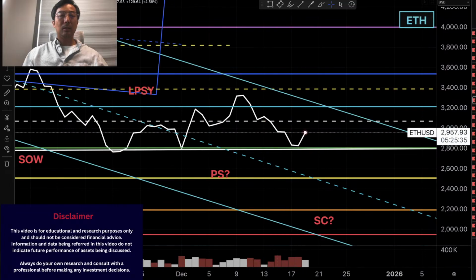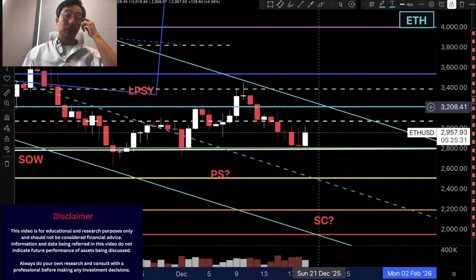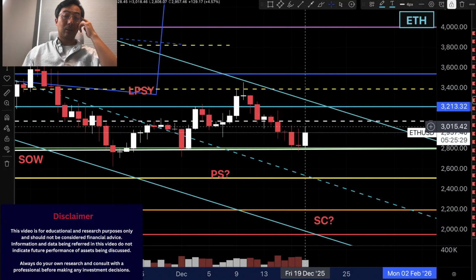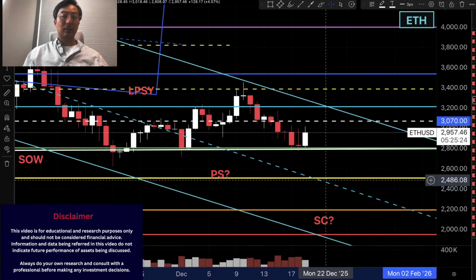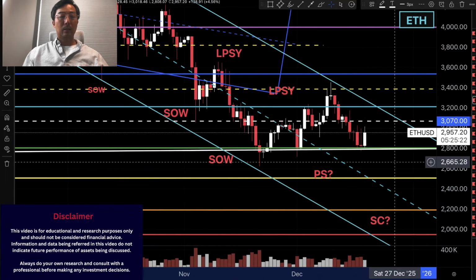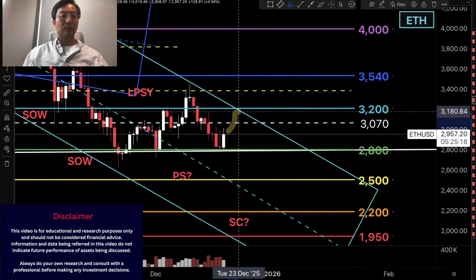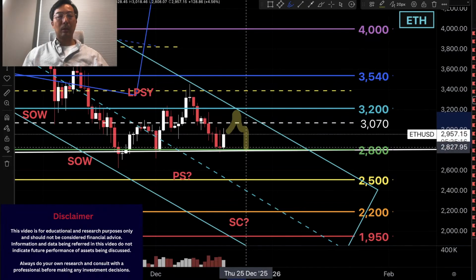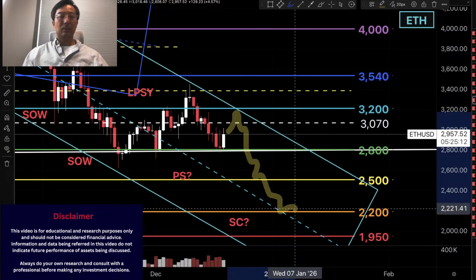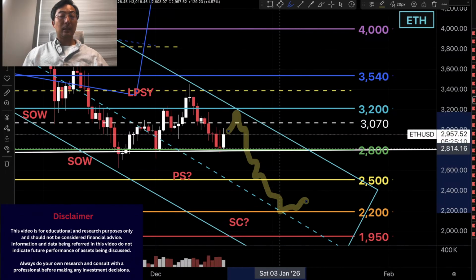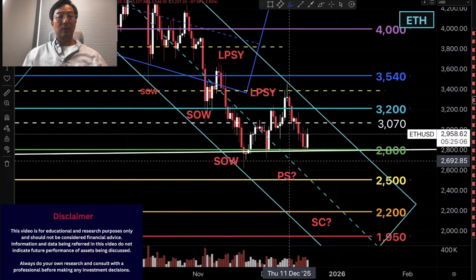It's probably going to come back to challenge the 3,200 level again, even though it's got a little bit of resistance from this white dashed line at around 3,000. So it comes back to challenge here, and then eventually comes down or even further, as long as it doesn't break outside of this downward channel, because it is still within this channel.